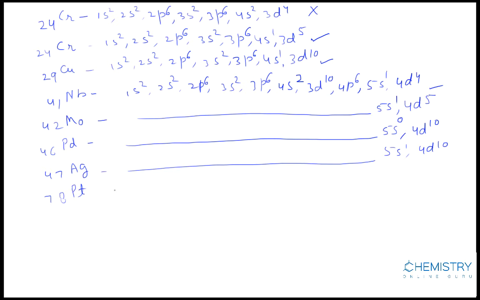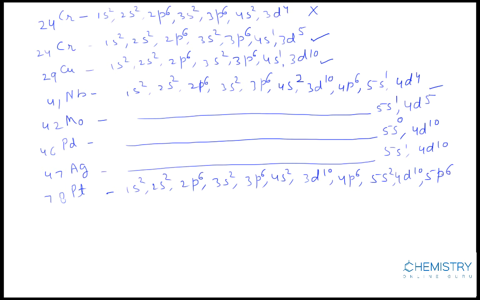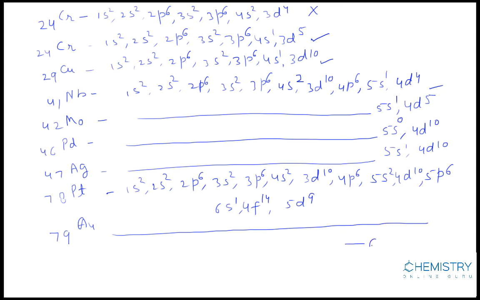78, platinum: 1s2, 2s2, 2p6, 3s2, 3p6, 4s2, 3d10, 4p6, 5s2, 4d10, 5p6, 6s1, 4f14, 5d9. 79, gold, Au: similar configuration to Pt, but there is a change, 6s1, 4f14, 5d10.